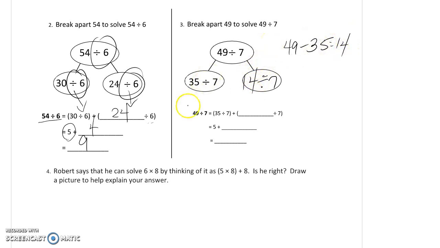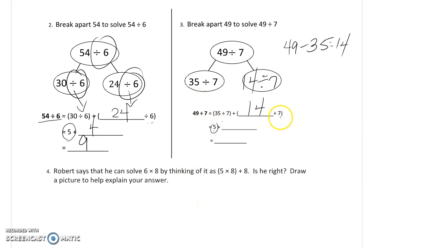Okay? So now we put it all together. We have 49 divided by 7 from the top is 35 divided by 7 plus this remaining piece, which is 14 divided by 7. 35 divided by 7 is 5. 7 times 5 is 35. So again, we found a 5 fact.